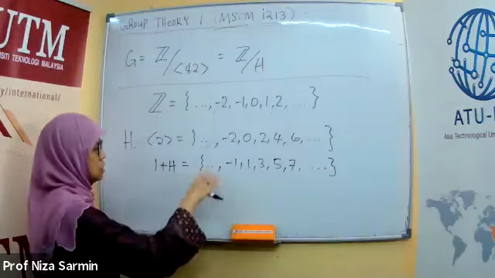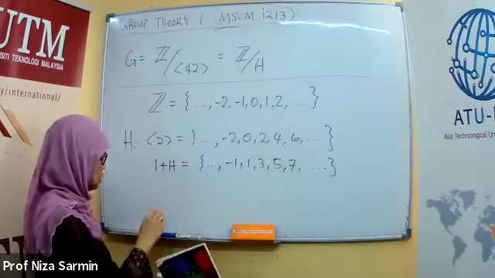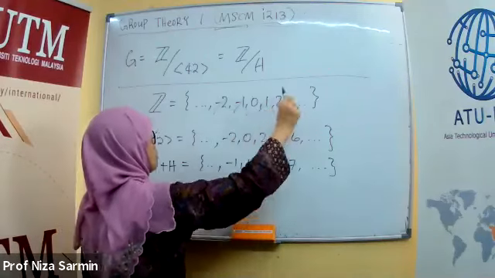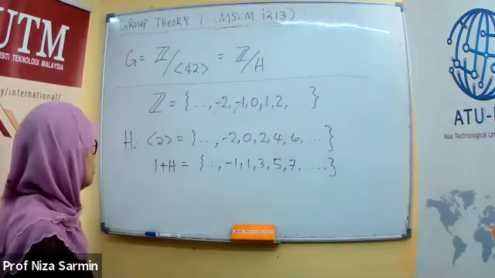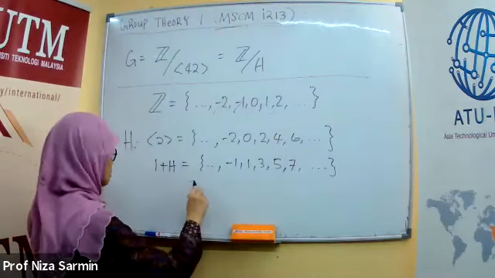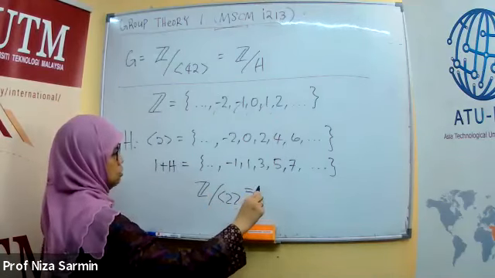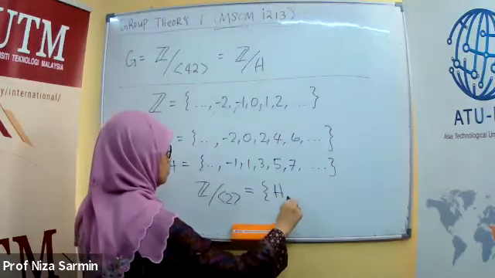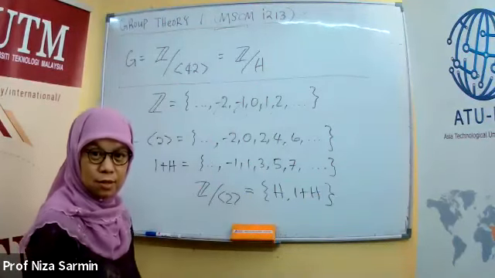Okay, so these are all, right? Because now, when we cancel, everything is cancelled. Okay, so for this particular question, you only have H and 1 plus H, right?